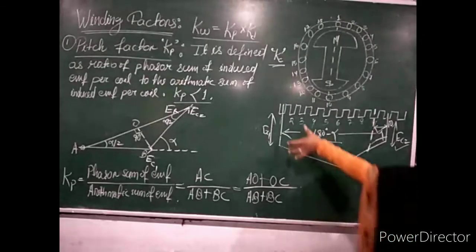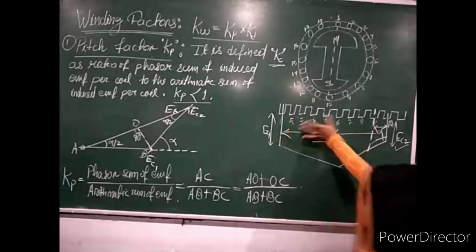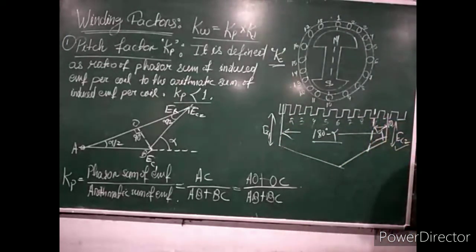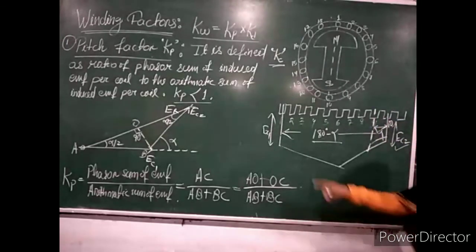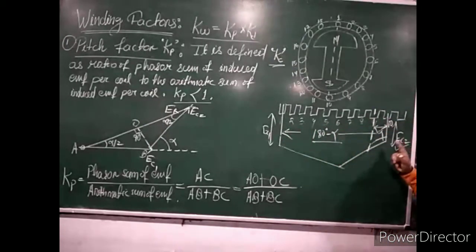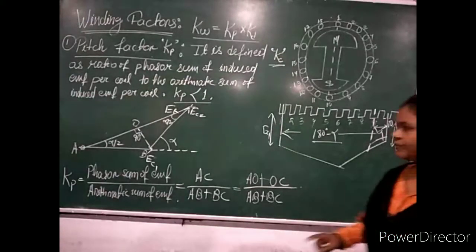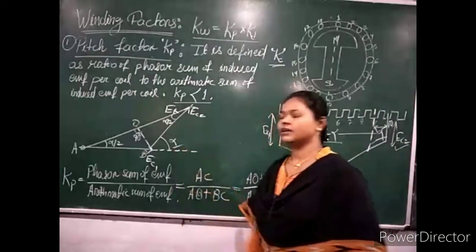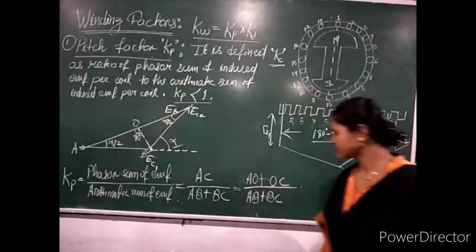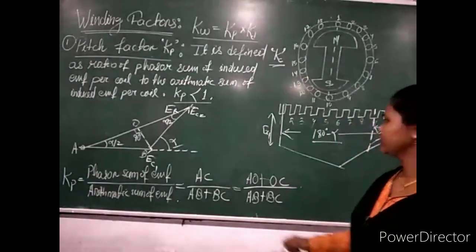Hence whatever EMF is induced here is the same as here. Means EMF induced in coil side 1 is equal to coil side 2 in magnitude but differs in phase. At which angle do they differ? Alpha angle.